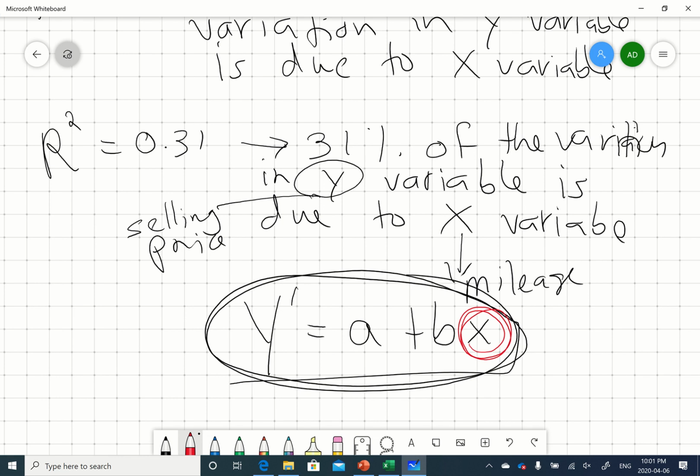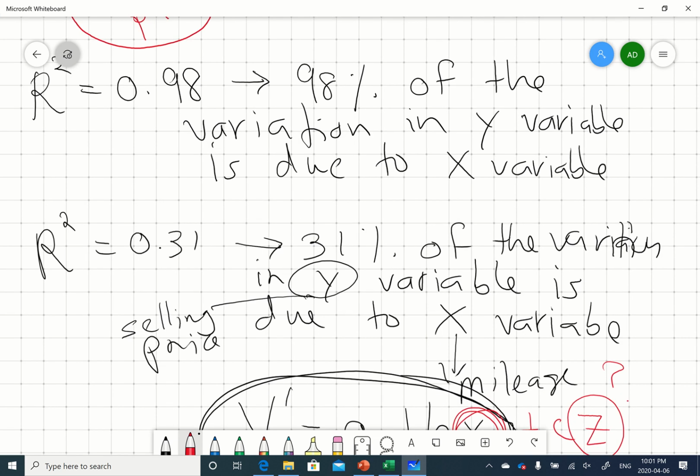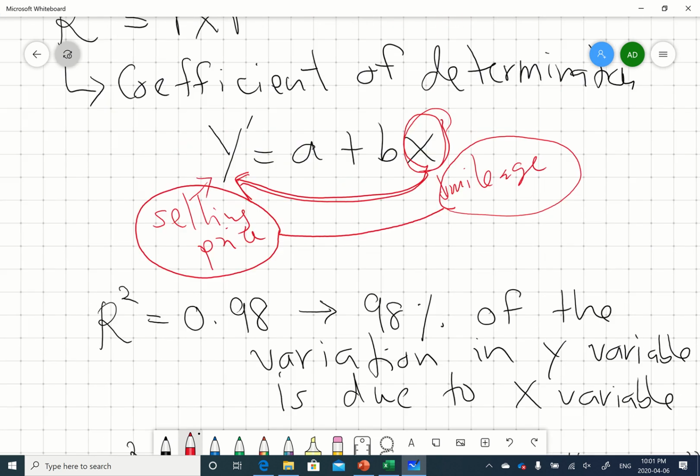Mileage is just one factor. What else? Is this the only variable or not? So you may have another variable z: a plus bx plus cz. So there might be another deciding factor, right? So deciding whether to go with the linear analysis or whether we need to go further and look into multiple regression or nonlinear analysis is the goal of looking at this number, coefficient of determination.